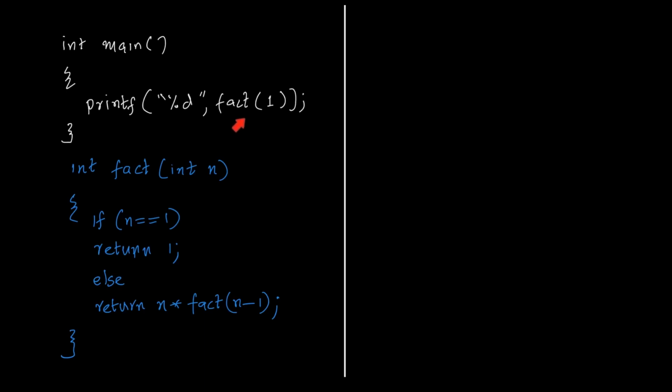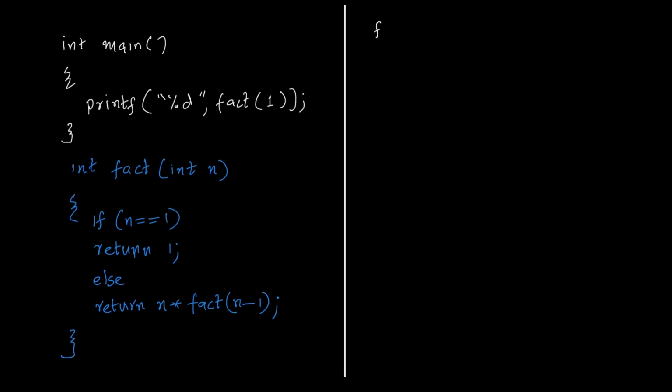So when you call the function fact(1), this argument 1 will be copied to n, and if n is equal to 1, so here n is equal to 1, it will return 1 at the place where it is called. Let me write that.